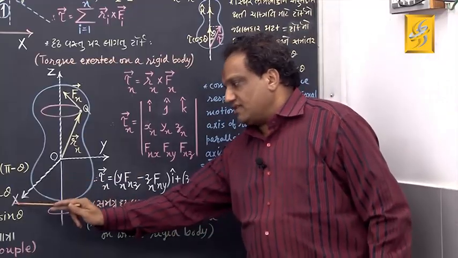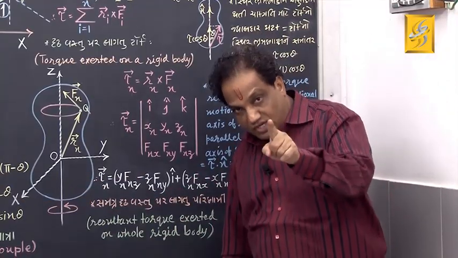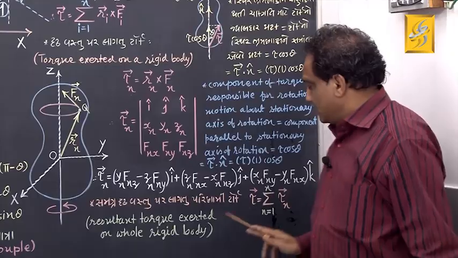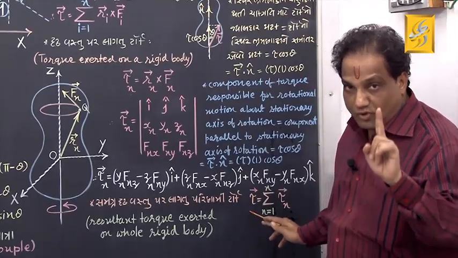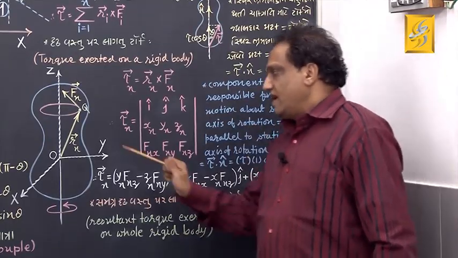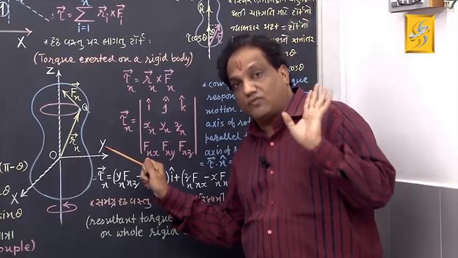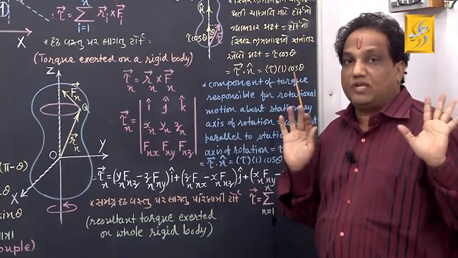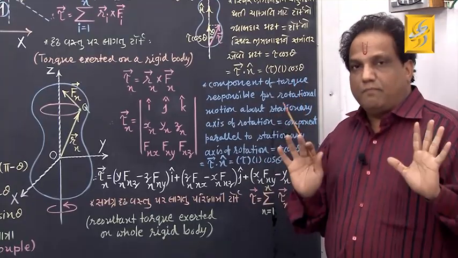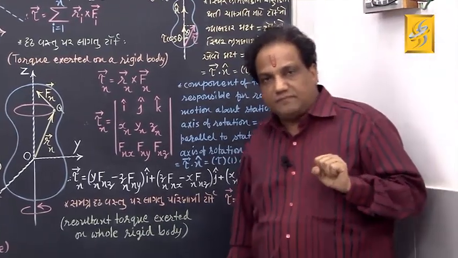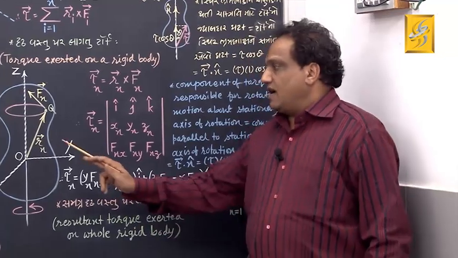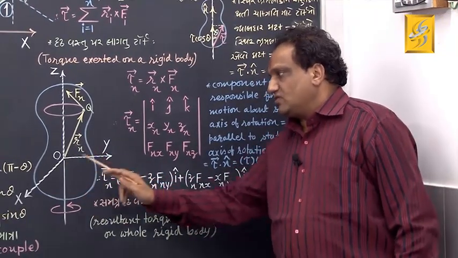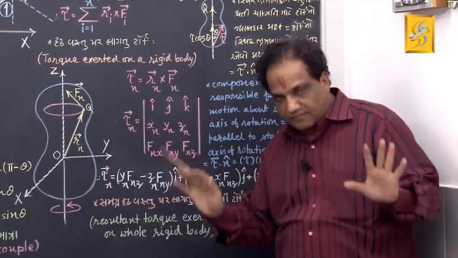Similarly, if the x axis is taken as the axis of rotation, then the x component of this torque is responsible for producing rotational motion, and if the y axis is taken as the stationary axis of rotation, then the y component of this torque is responsible for rotational motion. But it is not necessary that every time the torque should be either along the x axis or y axis or along the z axis, not necessary.